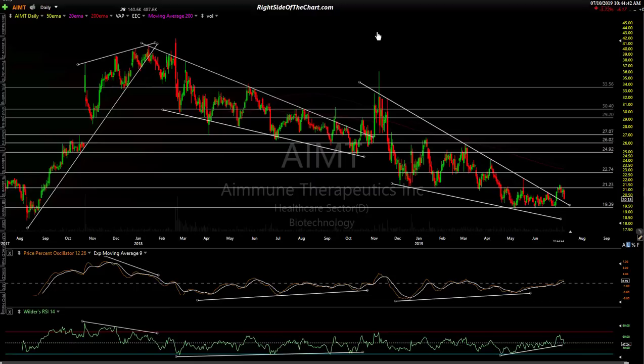Keep your position sizes small in biotechs. The risk is very large, as is the reward. To make up for that, take a fractional position size. If you're shooting for double, triple digit returns, which is common with a lot of these small biotechs, you need to be prepared for double digit losses on them.